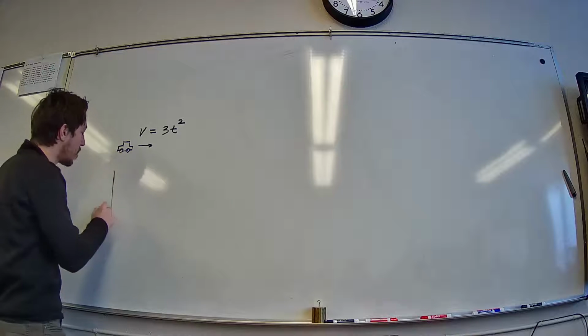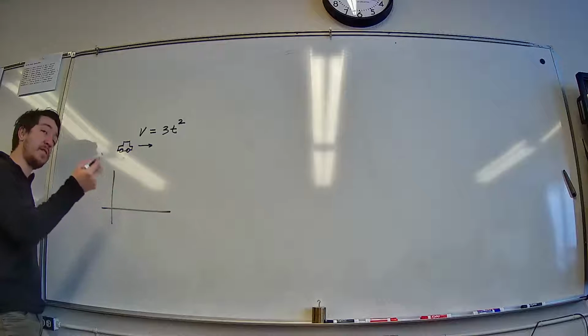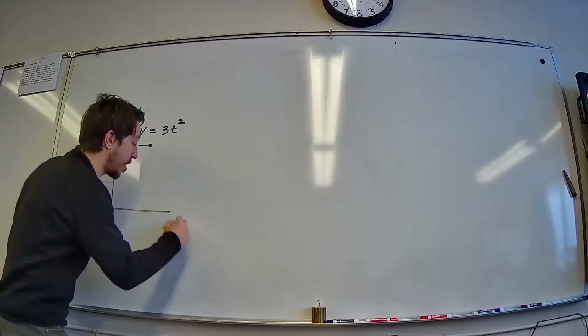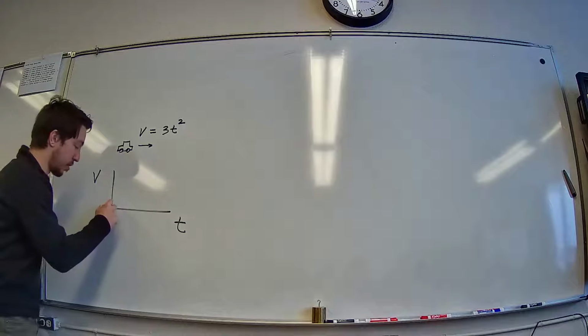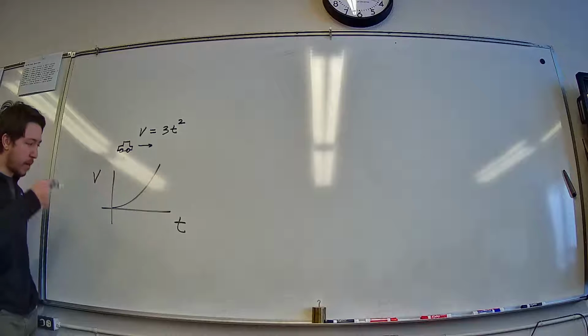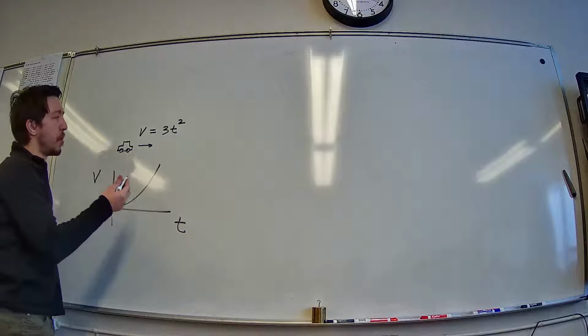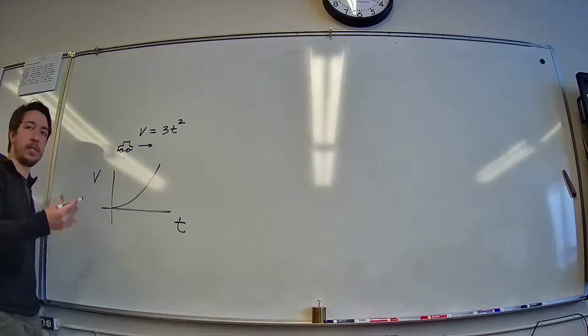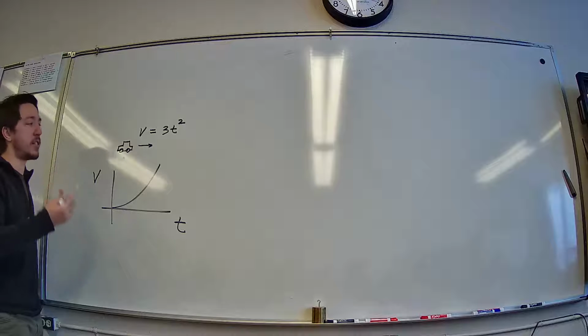Those of you taking physics know that if I graphed his velocity versus time, it would look like this, first of all. It's a quadratic function. And suppose I was interested in knowing how far does he travel?